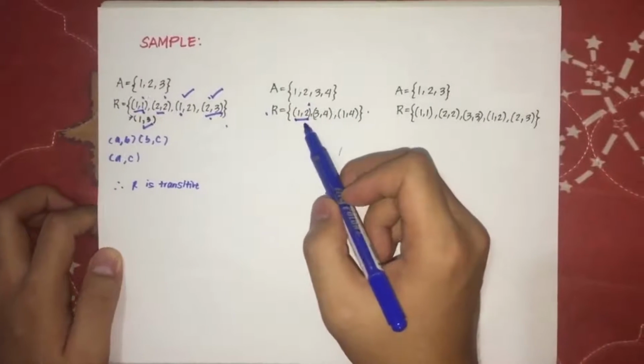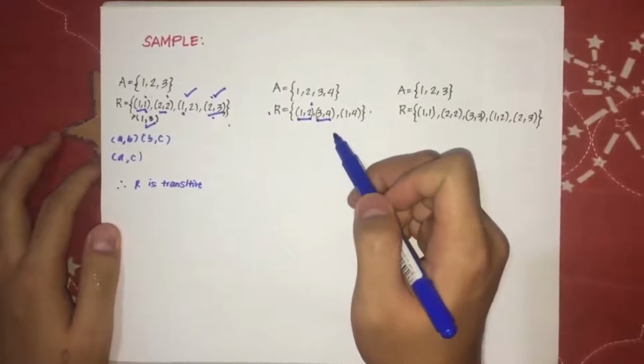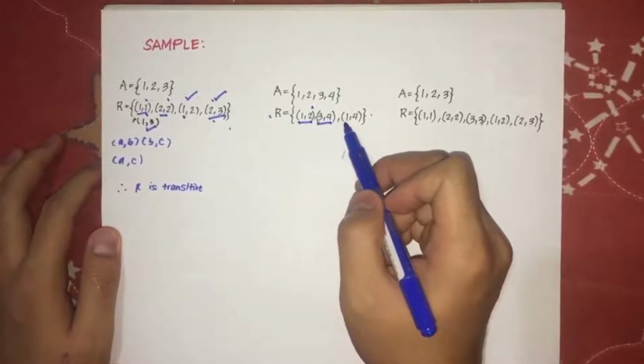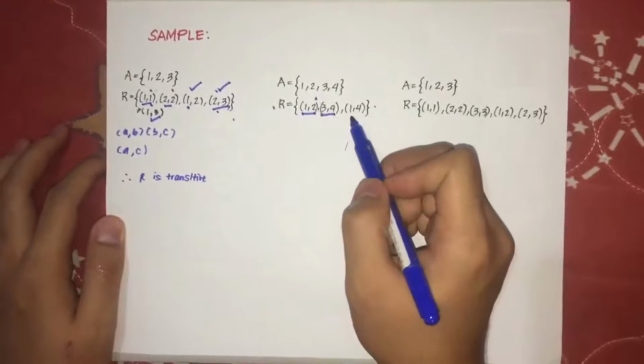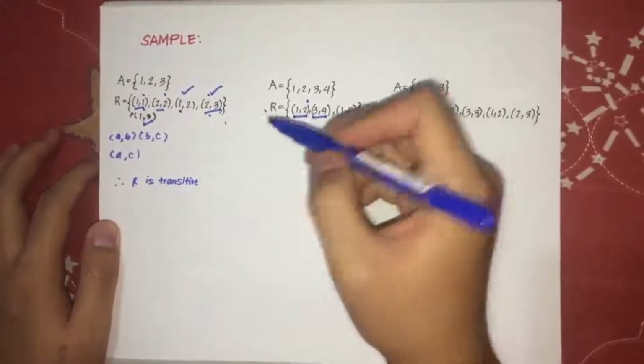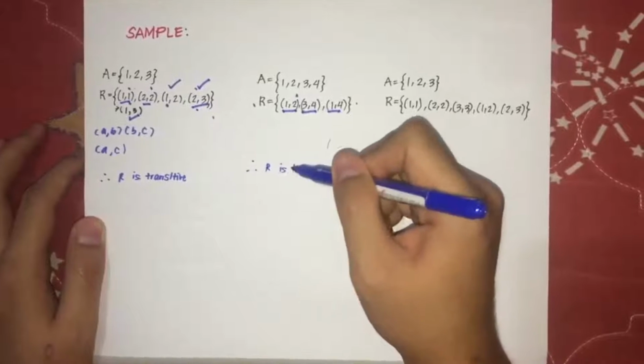So we can consider it as transitive. Also, in this next pair, number 4 is not present as the first element of any ordered pair in this relation. So we can consider it as granted. Therefore, R is transitive.